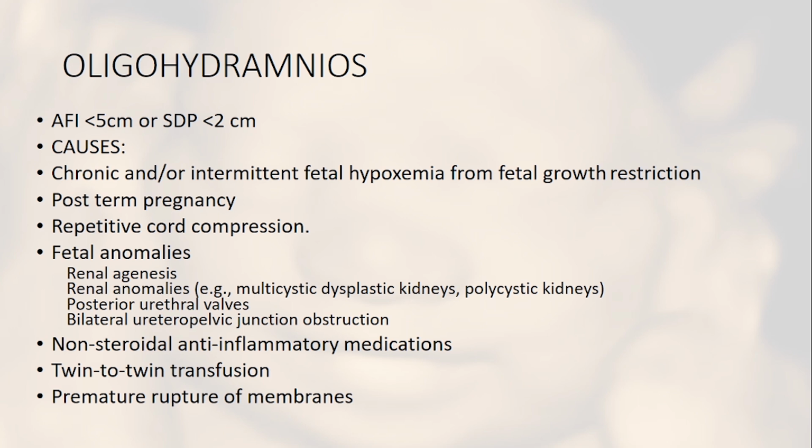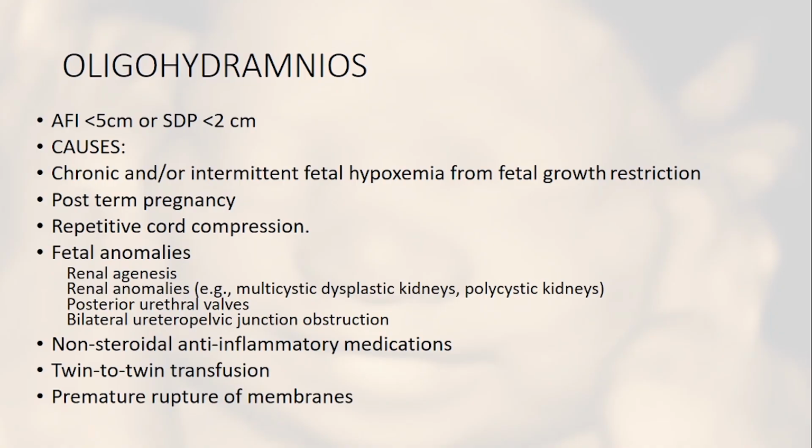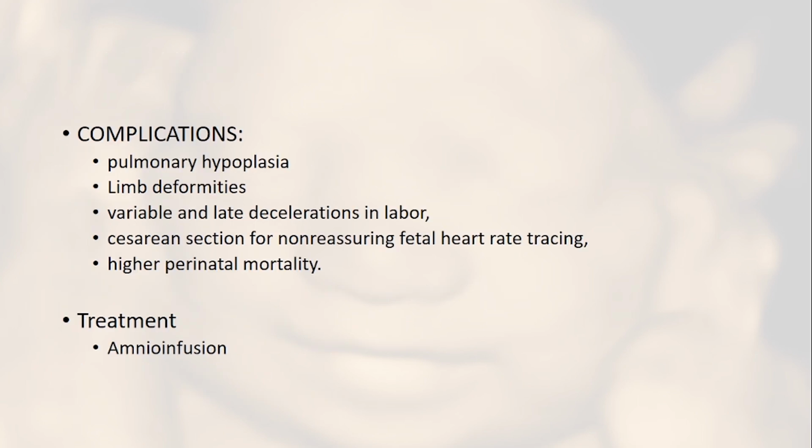Remember, the amniotic fluid is basically, at later gestation, fetal urine. So if there is renal agenesis, renal abnormality, posterior urethral valves, or ureteropelvic junction obstruction, this can lead to reduced amniotic fluid. It could also be found in chronic use of non-steroidal anti-inflammatory medications. If there's premature rupture of membranes, very important for us to know. And then in twin pregnancies, if there's twin-to-twin transfusion, the donor twin will have oligohydramnios.